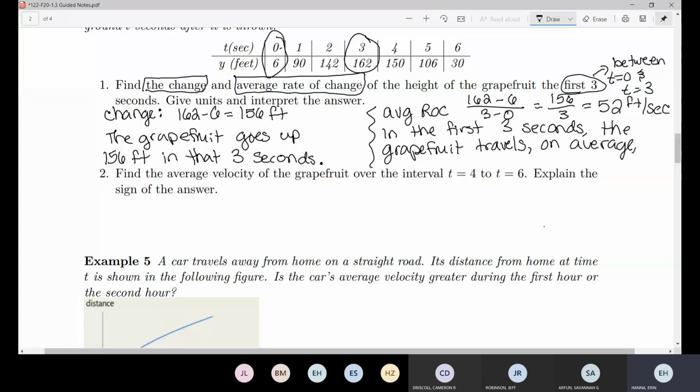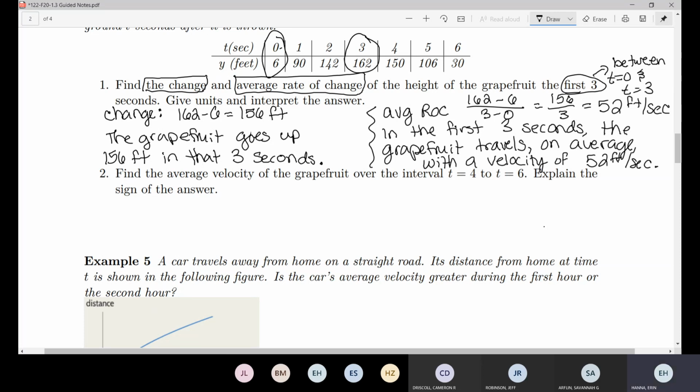I'm saying this too wordy, but oh well, I started it. Something that gets the point across that it's traveling about that fast on average during those first 3 seconds.